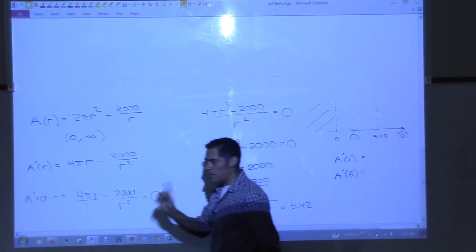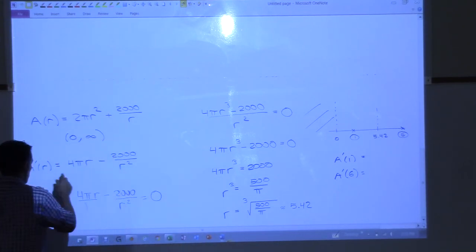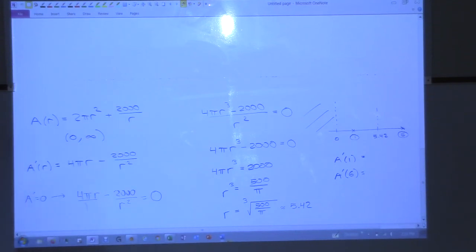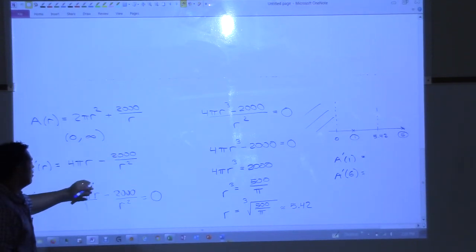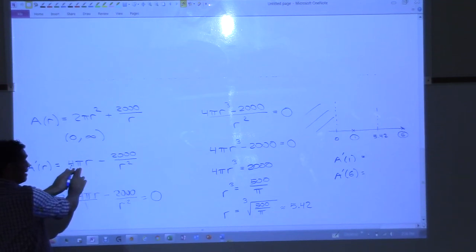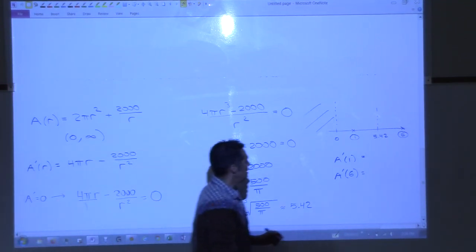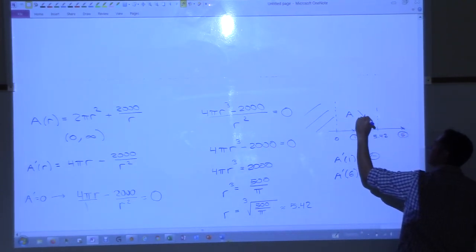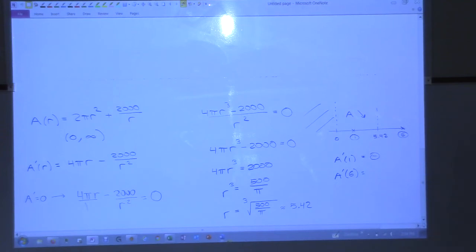And we're looking to see if it's positive or negative. So if we do A prime of 1, let's see. We get 4 pi minus 2,000. Oh, wow, that's going to be negative. I hope that's obvious. 4 pi is like 12, maybe 13, minus 2,000. So you get negative here. So our area function is going down here. Good, because we're looking for a minimum, right?